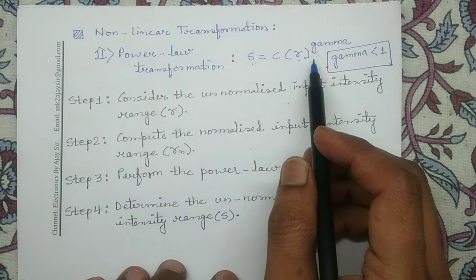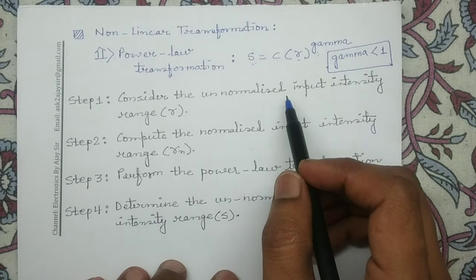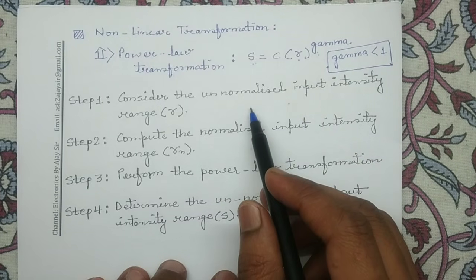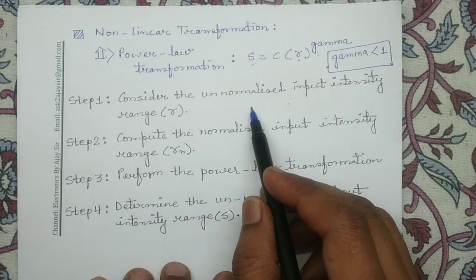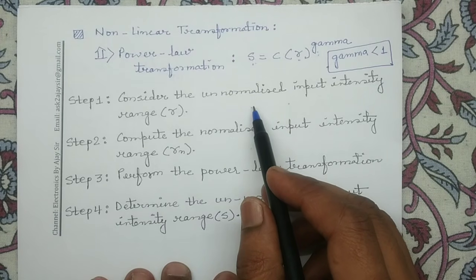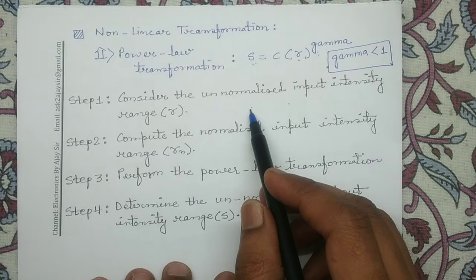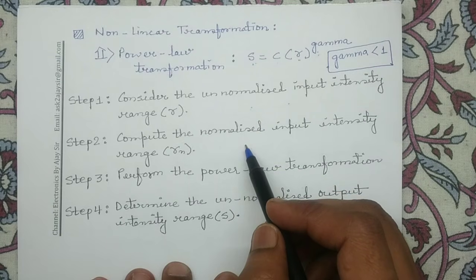The algorithm for power law transformation is written over here. First, we have to consider the unnormalized input intensity range. Then we have to convert this unnormalized input intensity range R into normalized input intensity range Rn.